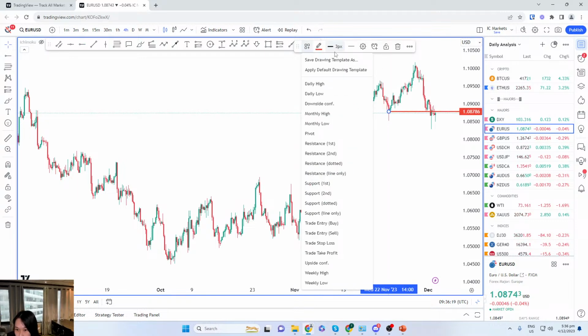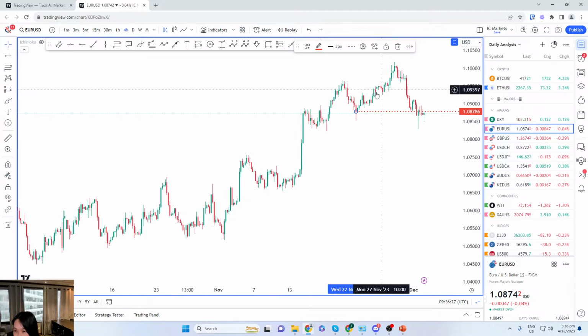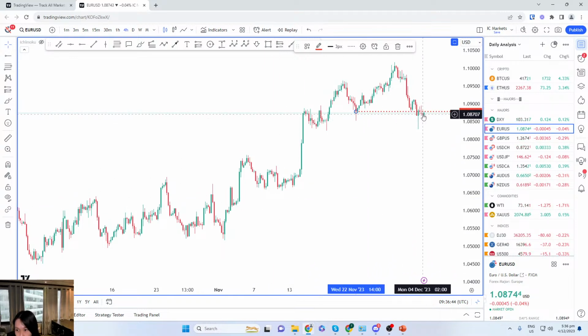This seems like a pretty good immediate resistance level. You can see that this is a swing low resistance, and our current price is right below the swing low resistance level. So you may want to monitor if the price will go down further or will it break through this swing low resistance.